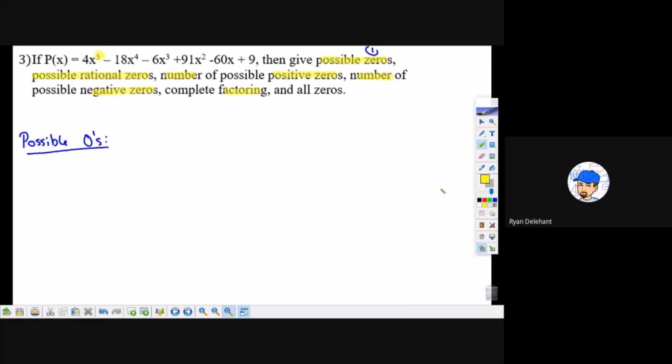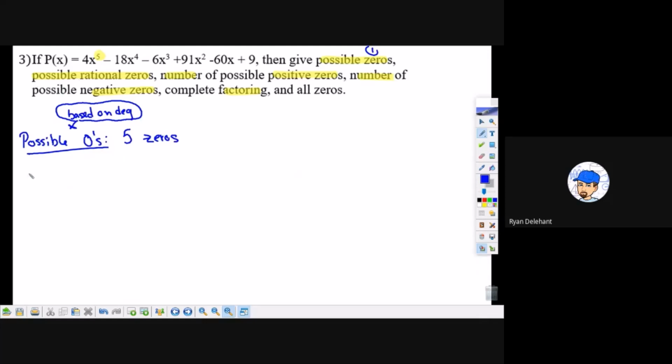What does that power of 5 being the biggest power, or the degree of this polynomial, tell us? Looking at the degree of the polynomial, how many times do we think this should cross the x-axis? How many roots will it have?